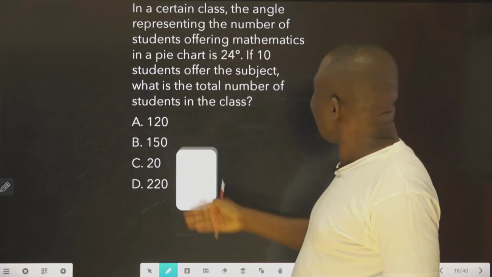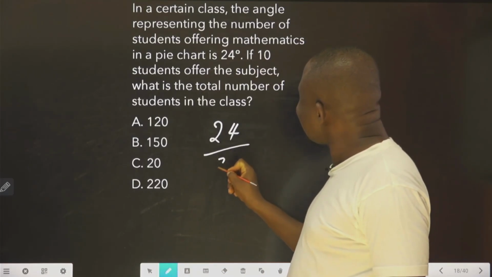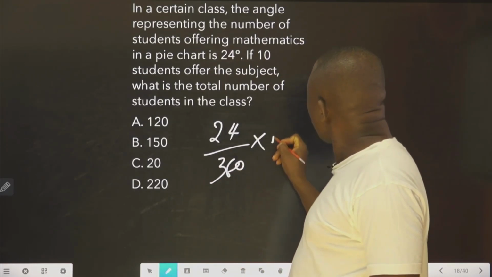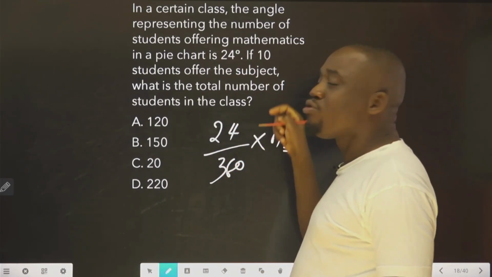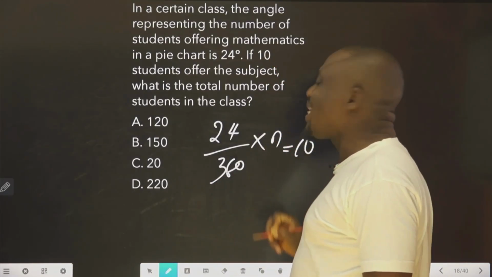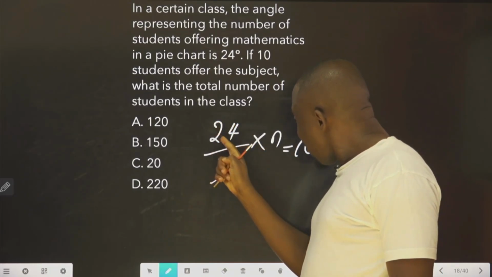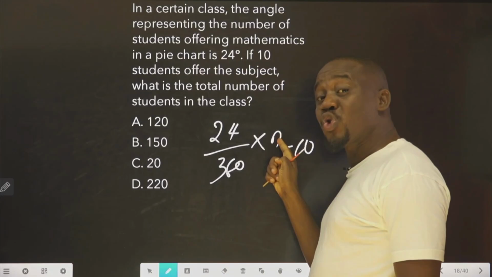It means, therefore, 24, which is the angle, over 360, the total angle, multiplied by the total number of students. That is how you can get the number of students offering mathematics, because we are told it is equal to 10. Do you understand this? The angle of mathematics divided by the total angle multiplied by the total students.